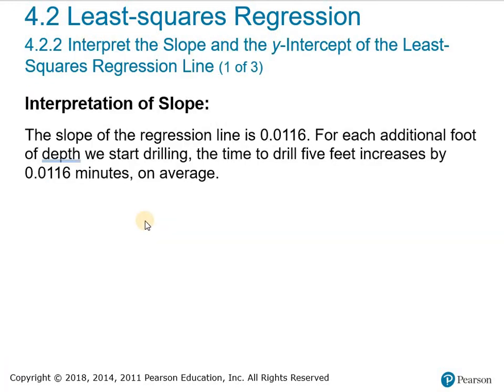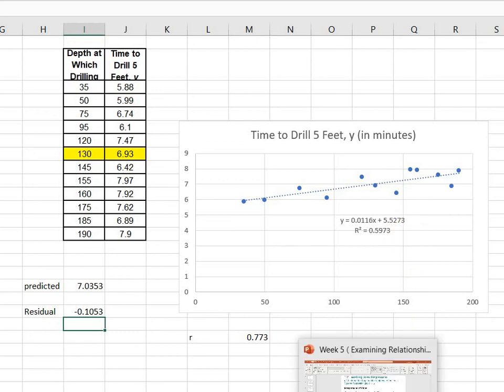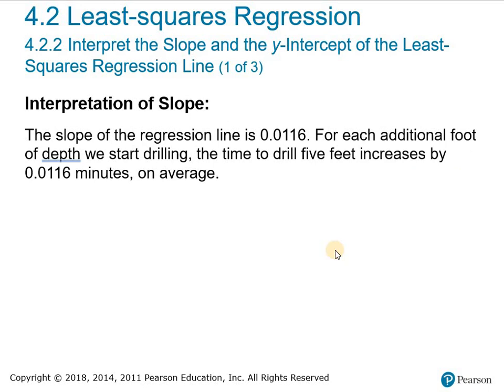Now, we have a slope in our equation, as you saw here. The number in front of x is what we call the slope. So the number 0.0116 is what we call the slope. The number 5.5273 is what we call the y-intercept. We have an interpretation for the slope, and sometimes we have an interpretation for the y-intercept as well.